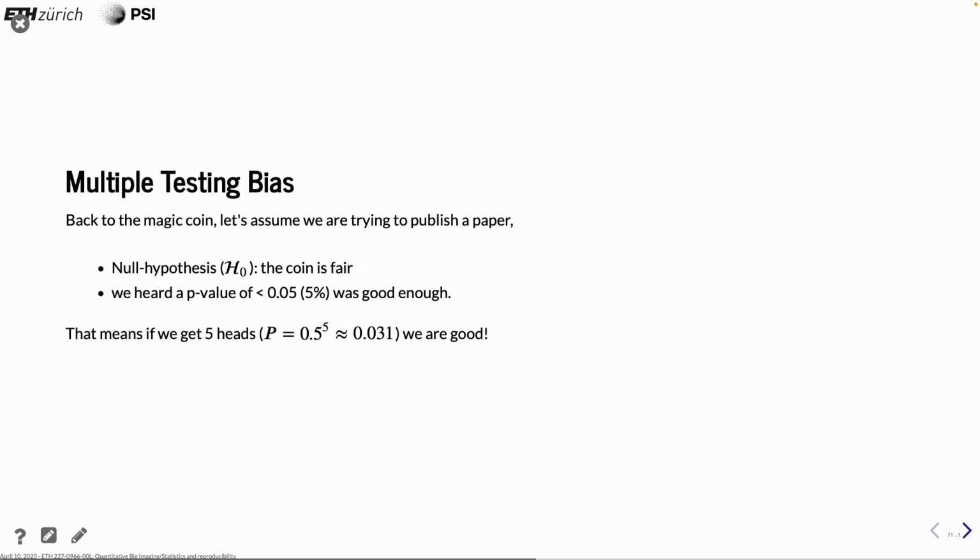Now we want to see if the coin is fair, and the probability to reject a hypothesis is usually set so that the p-value should be 5%. That means we have to flip the coin 5 times and get 5 heads. That's so unlikely, with a probability of 3%, that we decide we should reject the null hypothesis.